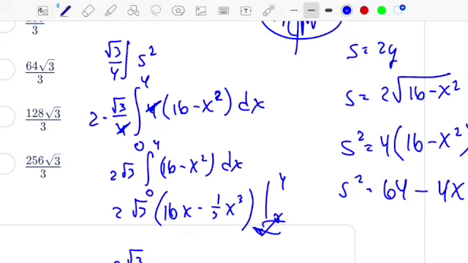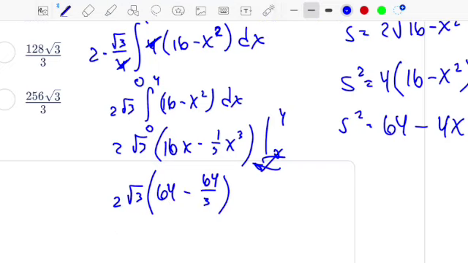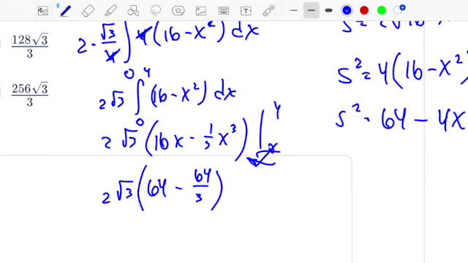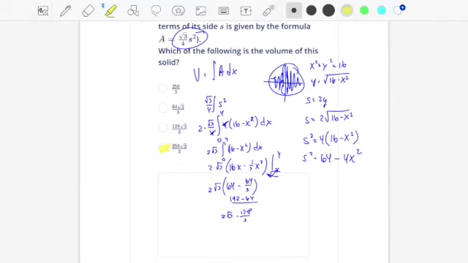We've got 2 root 3 times 64 minus 64 over 3. 64 times 3 is 192, minus 64, that's going to be 128 over 3, times 2 root 3, getting us 256 root 3 over 3. So that's what we got.